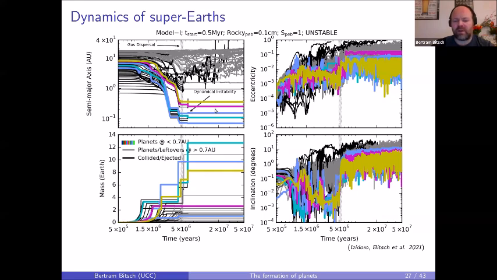Now we can look at it in a graph that will give us a little bit more information than the movie. On top, we have the semi-major axis as a function of time, over the first 50 million years of evolution. In the bottom, we have the planetary mass of the objects in our simulation, also as a function of time.